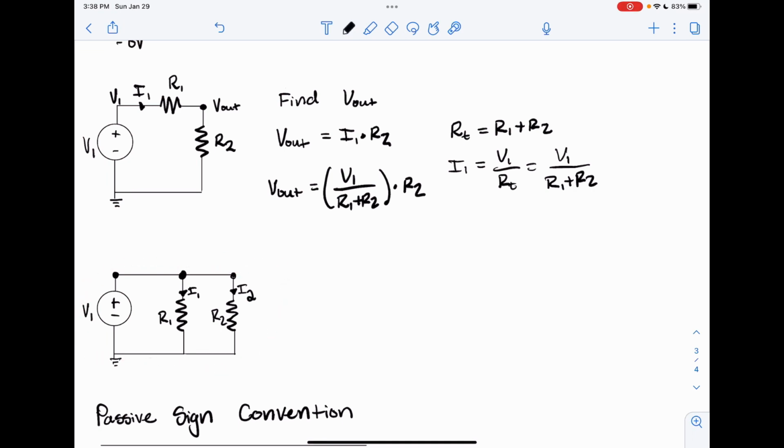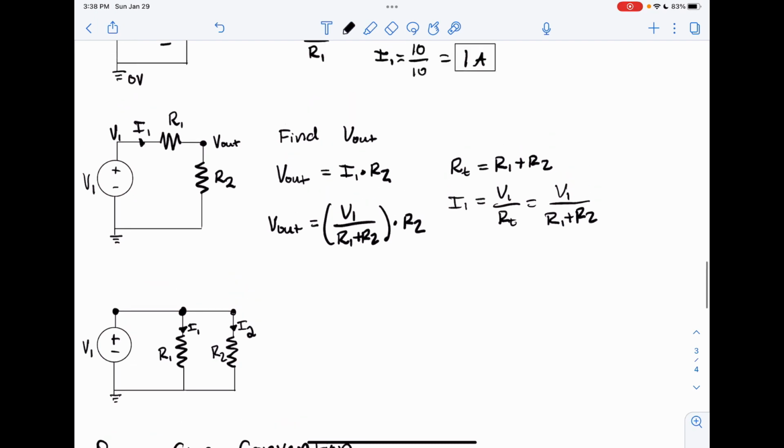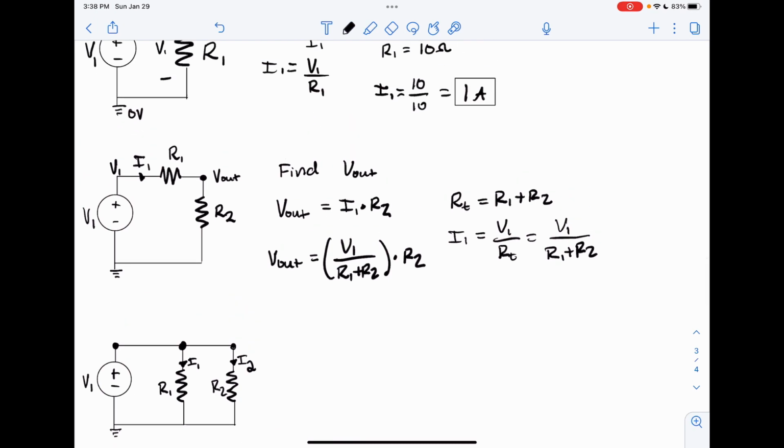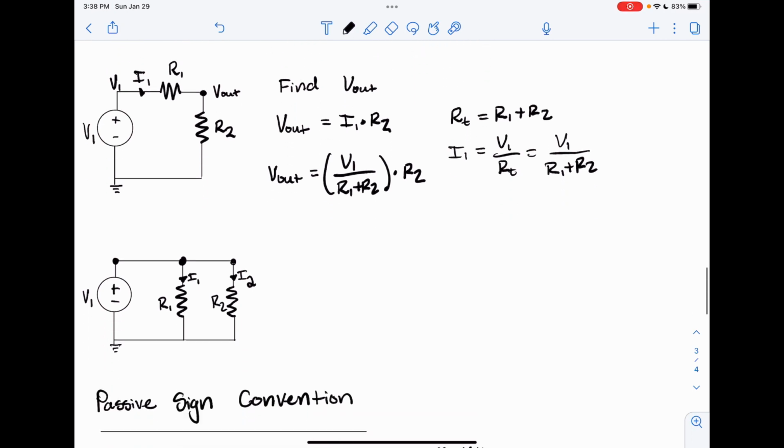Now let's apply some values just to make sure that these are the same. So let's use the same values as last time for voltage. So V1 is equal to 10 volts. R1 is equal to 3 ohms. And R2 is equal to 7 ohms.